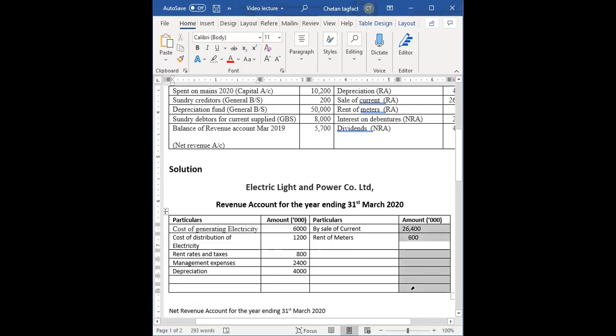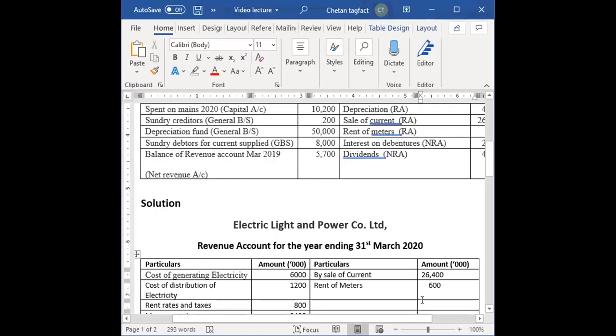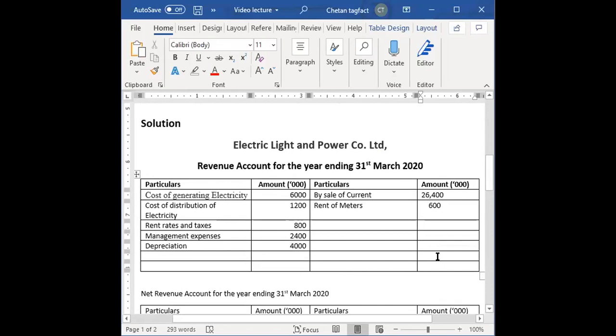So let's find the total of the credit column. Okay, so the total of your credit column, the credit side of your revenue account amounts to rupees 27,000. 26,400 plus 600 will give me 27,000.